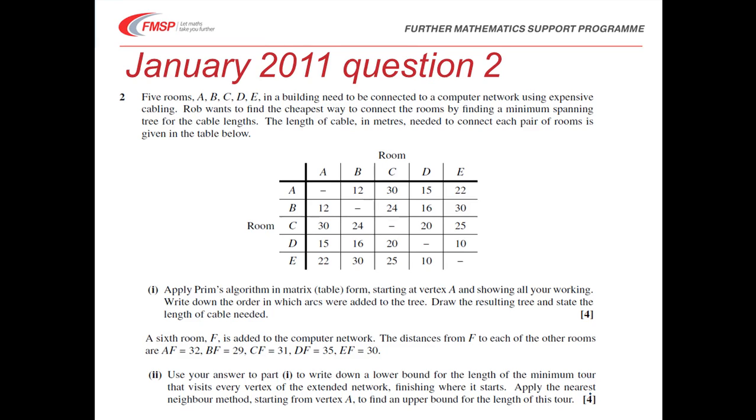The distances from F to each of the other rooms are given. And we've got to use our answer to part 1 to write down a lower bound for the length of the minimum tour that visits every vertex of the extended network, finishing where it starts. And then we've got to apply the nearest neighbour, starting at A, to find an upper bound.